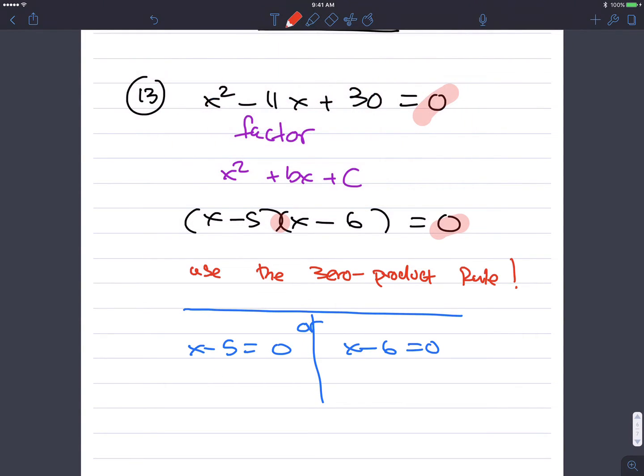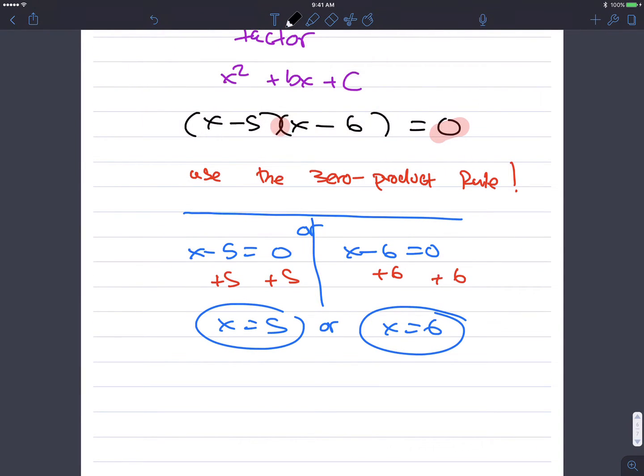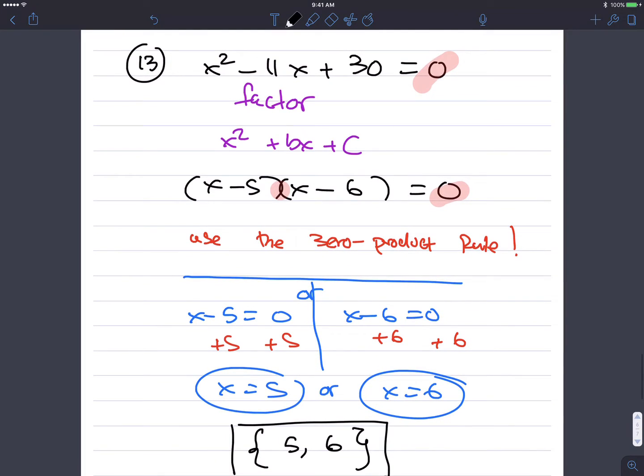What do you do now? Add your 5, add your 6. x is 5, or x is 6. So your solution set, in the back of the book, you see 5, 6. Right? And here's your solution. And you're done.